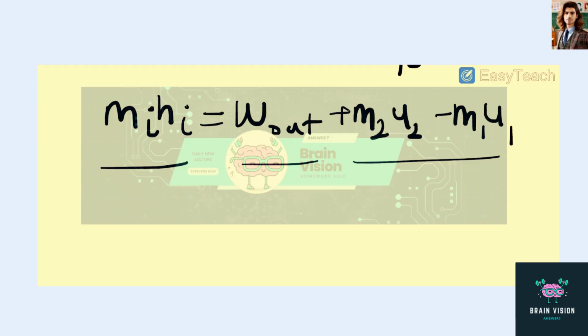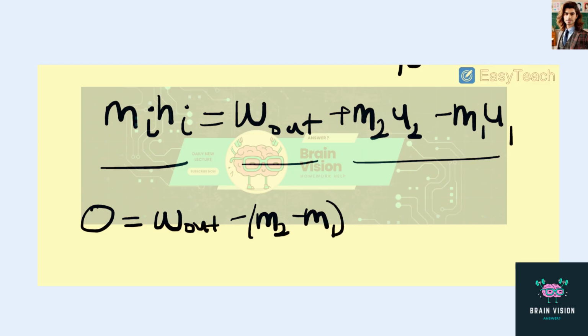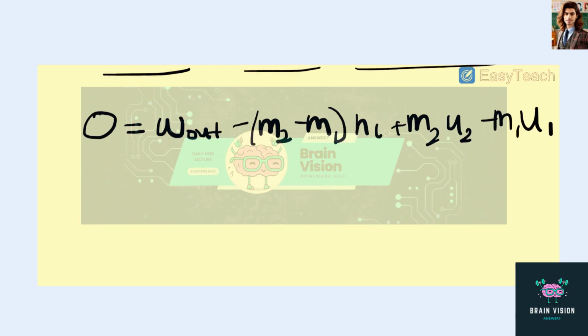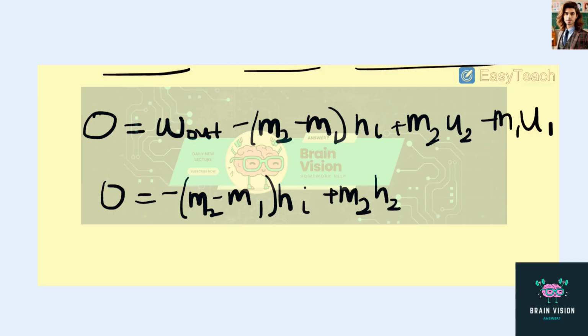Now we're going to combine this relation with our mass balance above, and what we get is 0 equals W out minus (m2 minus m1) hi plus m2 u2 minus m1 u1. We can now rewrite this as 0 equals negative (m2 minus m1) hi plus m2 h2 minus m1 h1.